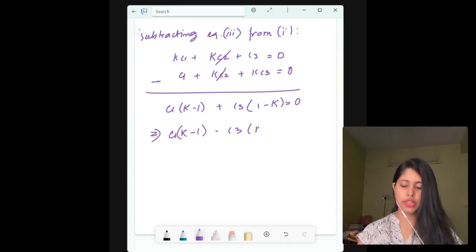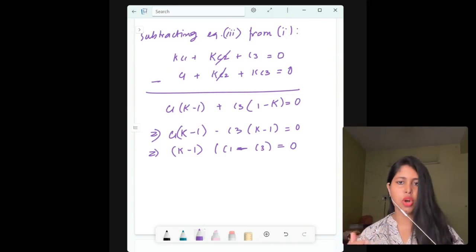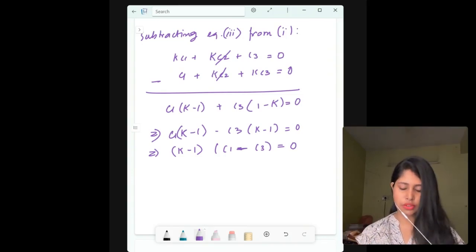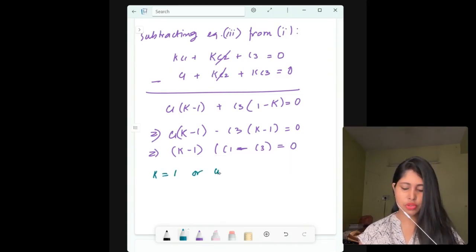So c1 minus c3 into k minus 1 equals 0, and we factor out this k minus 1. Then we get c1 minus c3 equals 0. So from here also we get that k equals 1, or c1 equals c3.